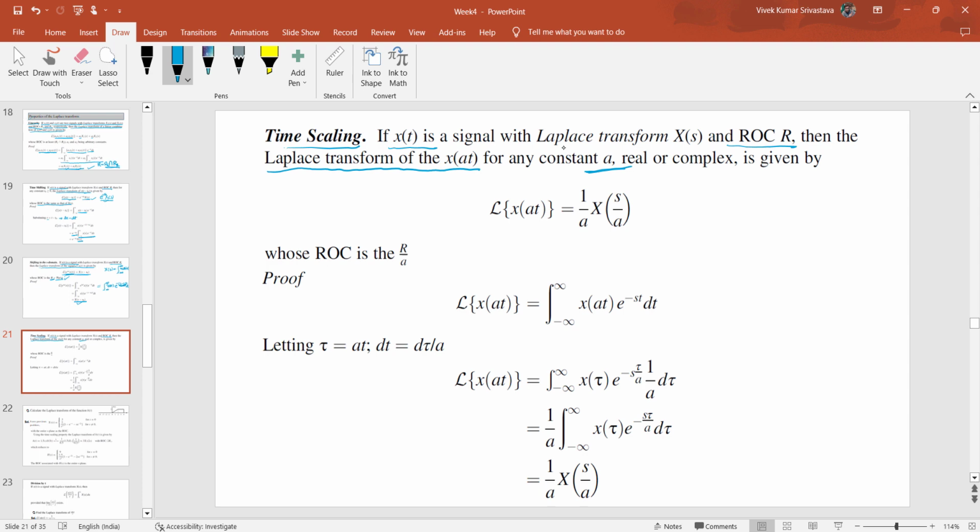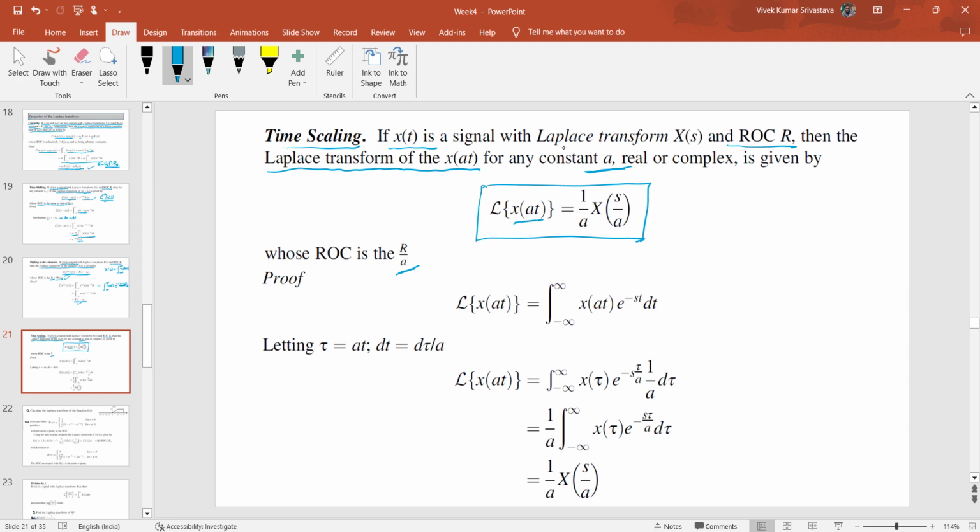This is basically defined as 1 over a into X of s by a. So this defines the Laplace transform of the time scaled signal. Here the region of convergence is also changed, which is equal to R over a.